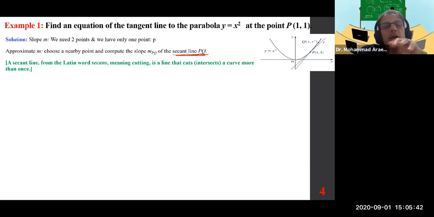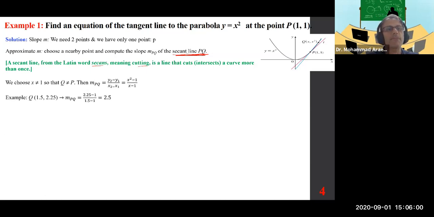So the idea is that, of course, secant, again, it comes from Latin and it means cutting, okay? The idea is that we get closer and closer. So if I was to find this, okay, let's see what happens.